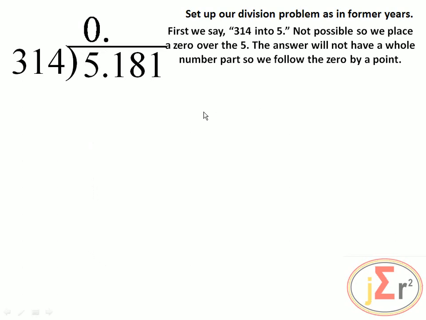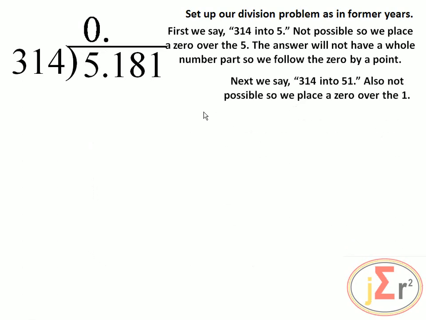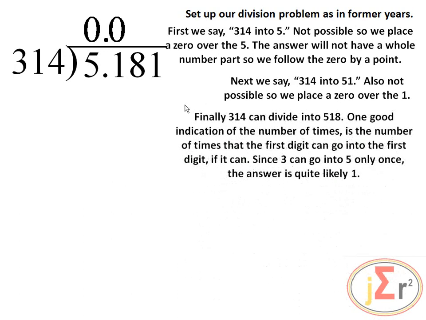Then what do we say next? 314 into 51. Also not possible. So we place a 0 over that 1. 51, the 0 goes above the 1. Not possible. But surely, finally, 314 can divide into 518.